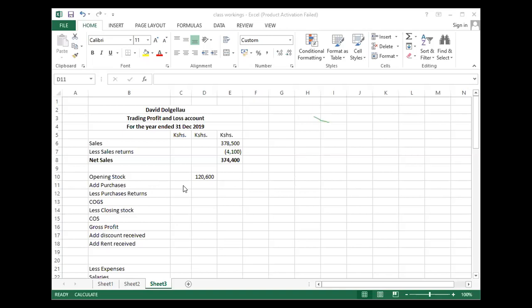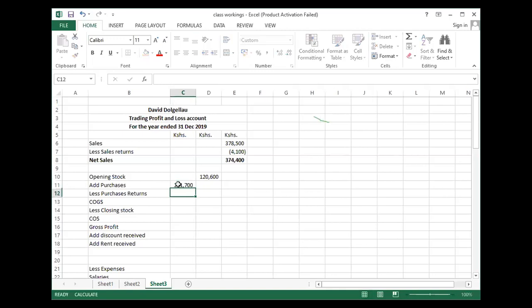Then purchases. Amount of purchases, 61,700. Then we have less purchases return, or return outwards. That is 7,700. Thank you.